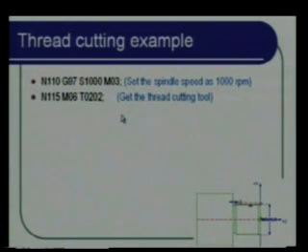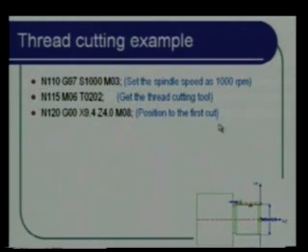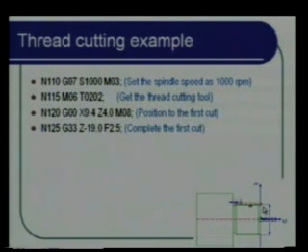So we start by setting the spindle speed, whatever is required. Generally we set a lower spindle speed because the feed rates are going to be very high. Get the thread cutting tool and position it for the first cut, so bring it to this point. Then you say G33, because you need this for thread chasing.